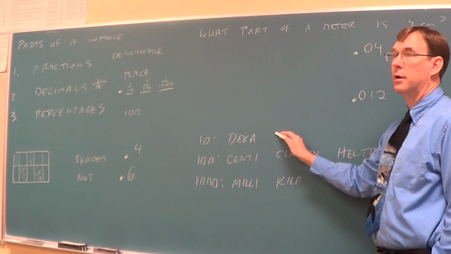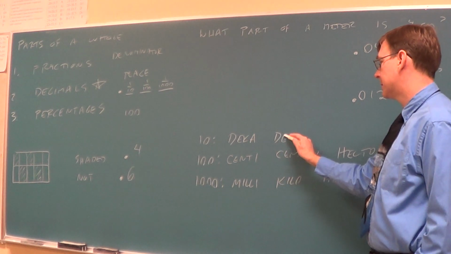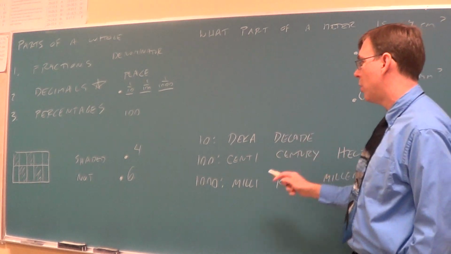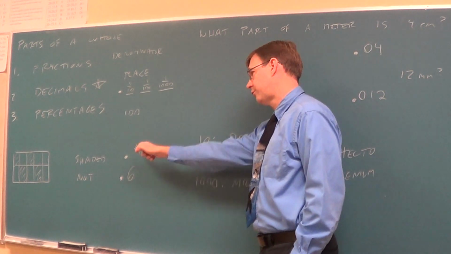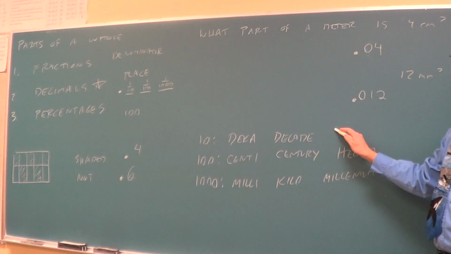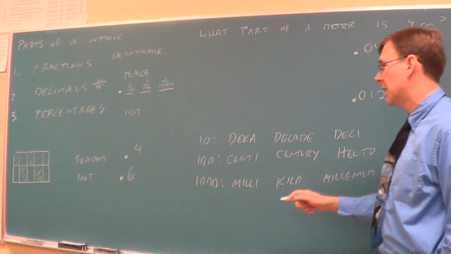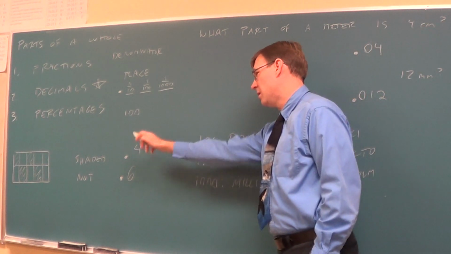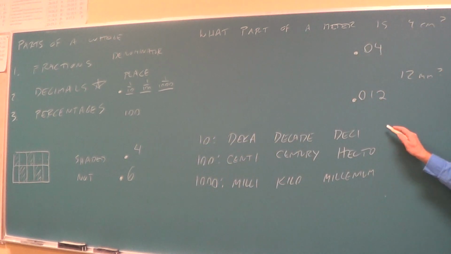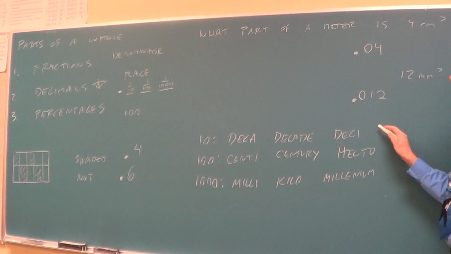What's another 10 word? Decade. So if I said to you, what part of a decade is 4 years? That's the answer. It's another one. Deci. If I said, what part of a meter is 4 decimeters? You would do something like that. There's one more in this category. It just came back to me. Think about tens.